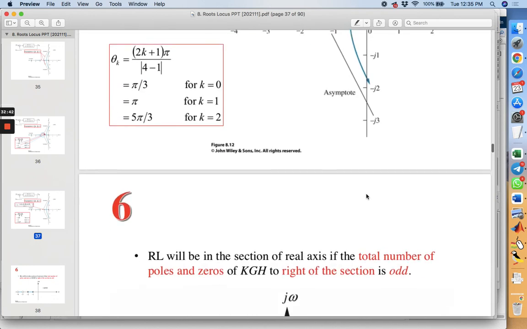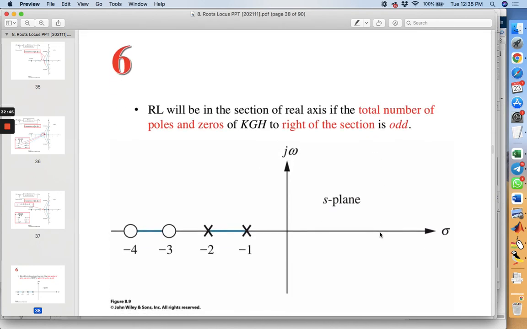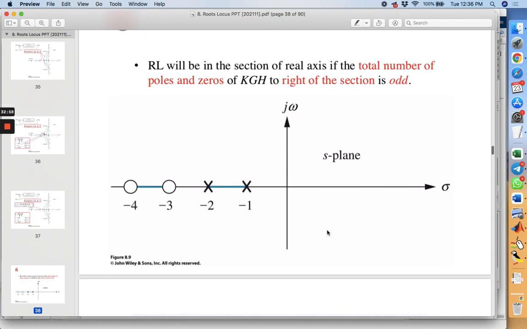Okay, next. Property number 6: RL will be in the section of the real axis if the total number of poles and zeros of KGH to the right of the section is odd. This is actually what I simplified to you just now. When we have poles and zeros on the S plane, on the real axis, we just connect the first point, whether it is a pole or zero, to its adjacent pole or zero.